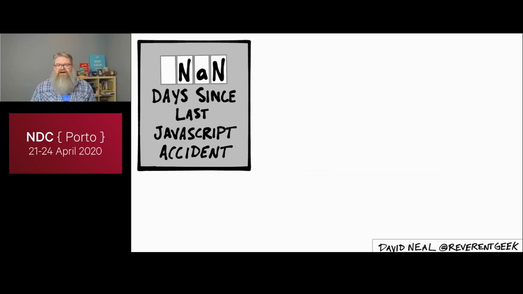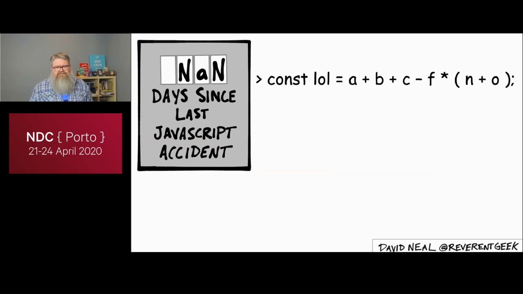JavaScript has a special value named NaN, N-A-N, which stands for not a number, which is not to be confused with null or undefined. So given this statement, if the variable f is not a number, is NaN, then the entire result of the operation will be NaN, which can lead to lots of fun time.